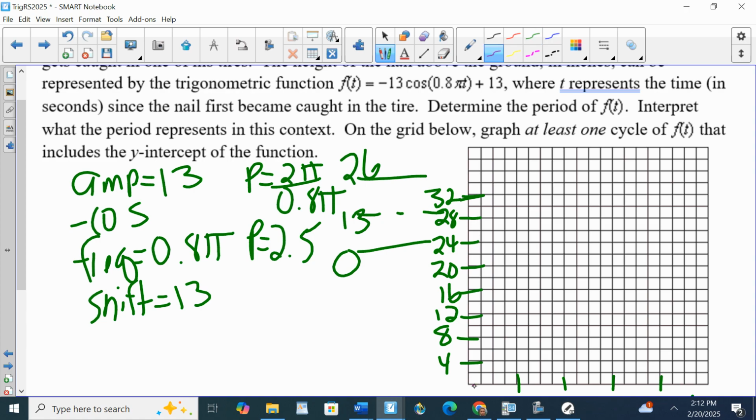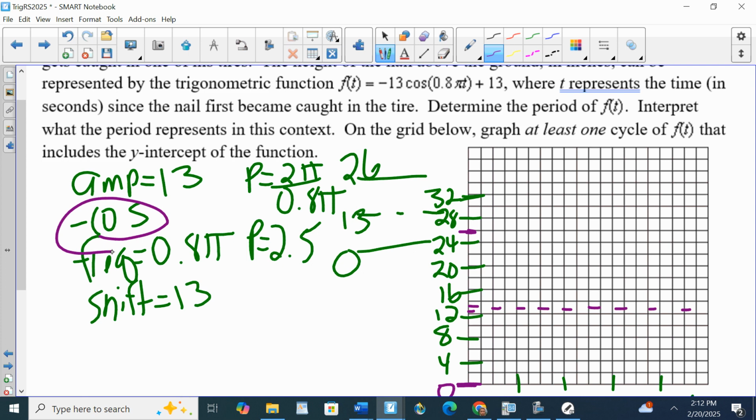0 is important. 13 is important. So that's going to be a little bit hard for me to do on this little grid, but it's in between those boxes. And 26 is important. So now it is a negative cosine.